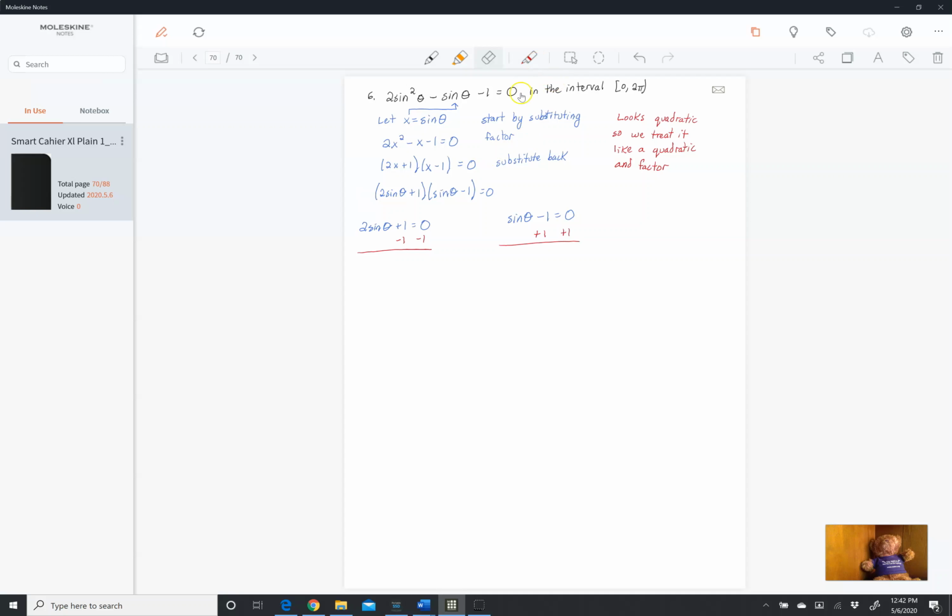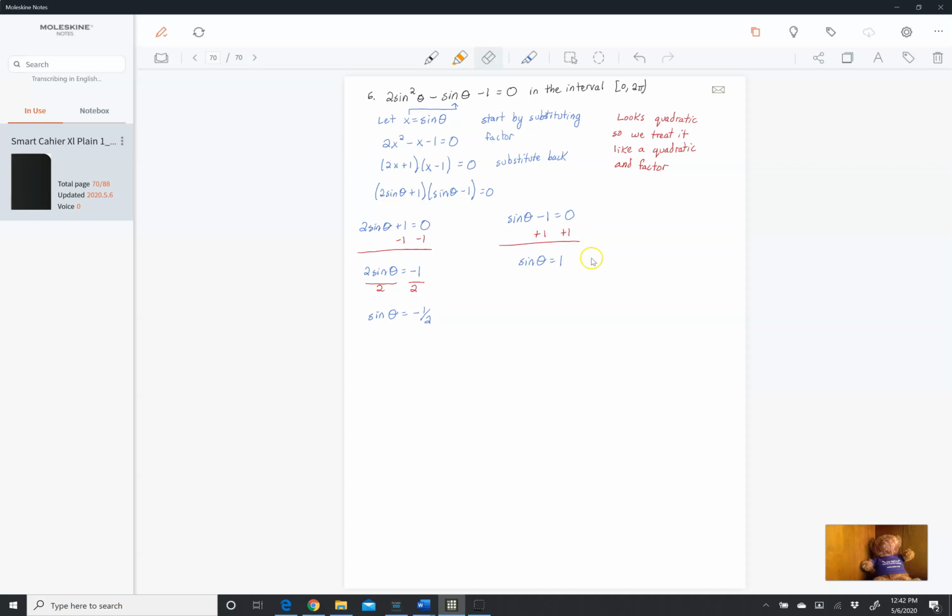So on this side, we get 2 sine theta equals negative 1. On this side, we get sine of theta is equal to 1. Over here, we have to do an extra step and divide both sides by 2. So our final answer here is sine of theta equals negative 1/2.